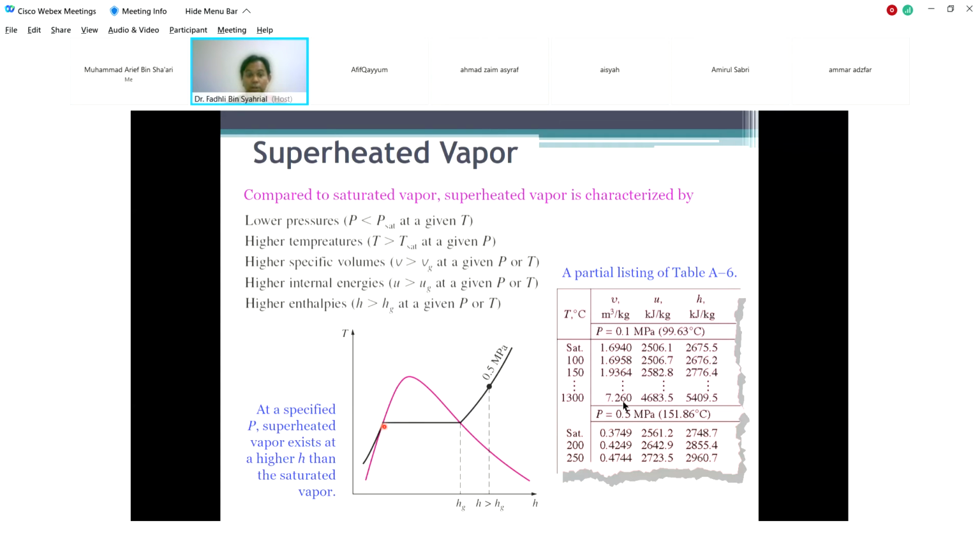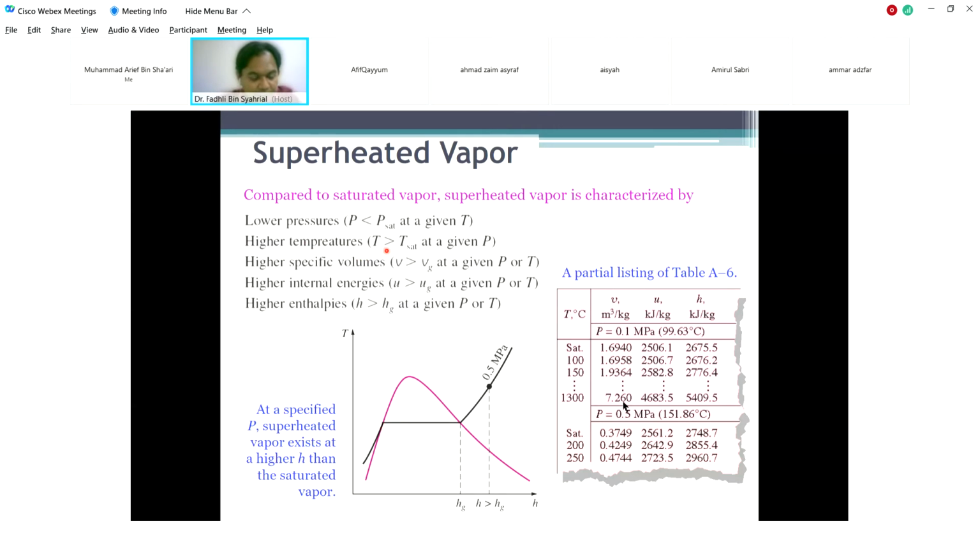T saturation is the boiling temperature, right? In our daily life, we say boiling temperature. So this is the T saturation temperature. So T is higher than T sat. This is the meaning of the second characteristic of superheated vapor.